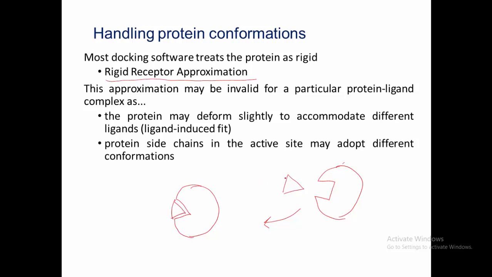In induced fit theory, the amino acids in the binding site undergo conformational changes in order to receive the ligand. Because this shape cannot accommodate the ligand, the protein will deform slightly in order to accommodate it. We call this ligand induced fit.